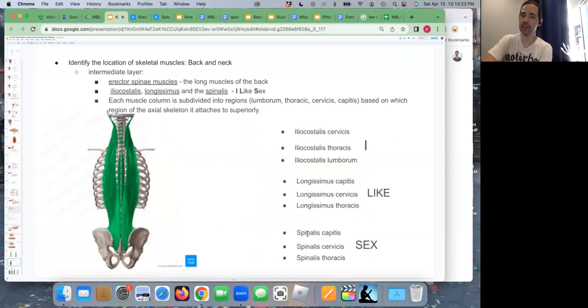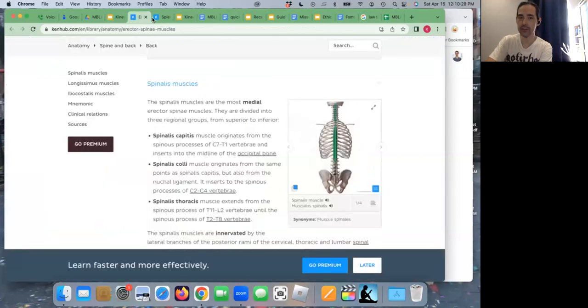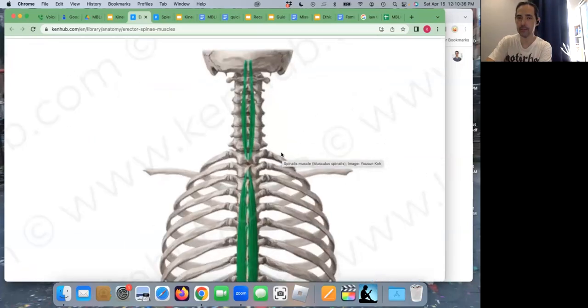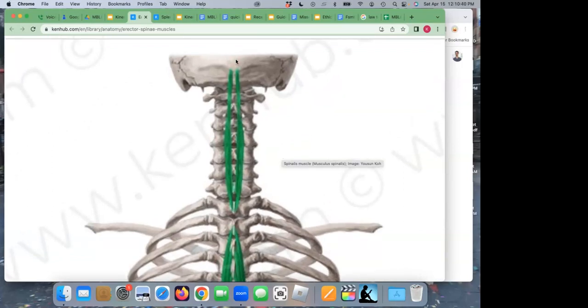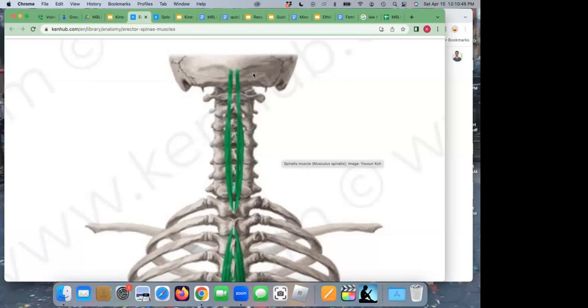Spinalis capitis and spinalis cervicis. What's the difference between the attachments of the spinalis capitis and the spinalis cervicis? One's on the head and one's on the cervical. Which one is on the head? The capitis. That's right. Very good, Emmy.